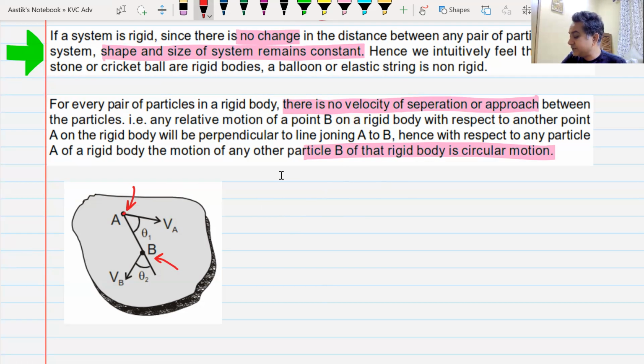Knowing that there should not be any velocity of separation or velocity of approach, we have just discussed this. Can you tell me what equation I can write?